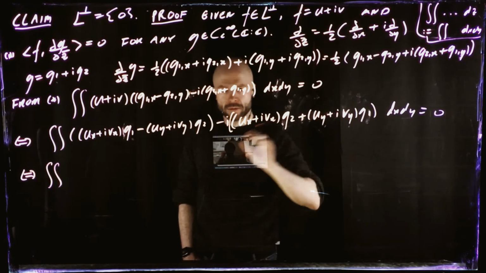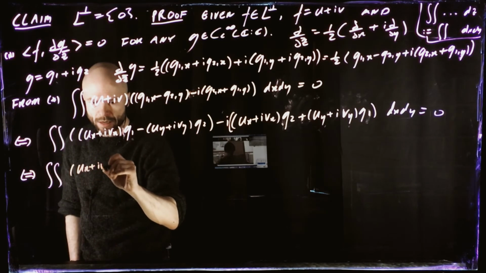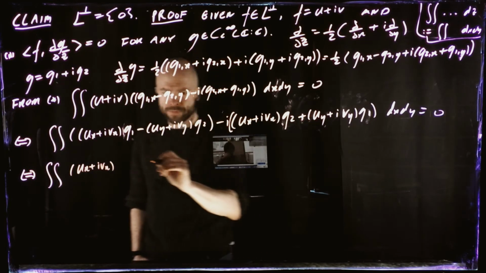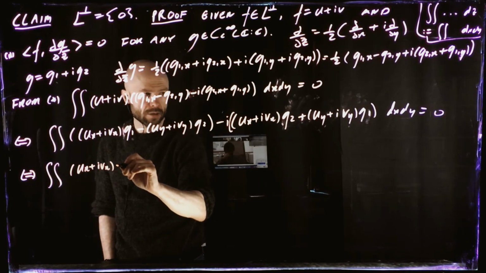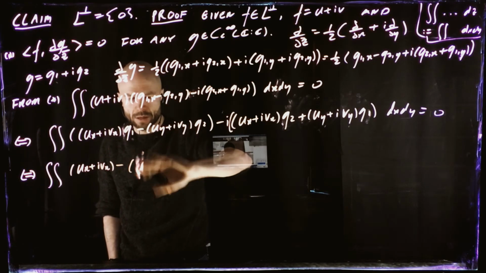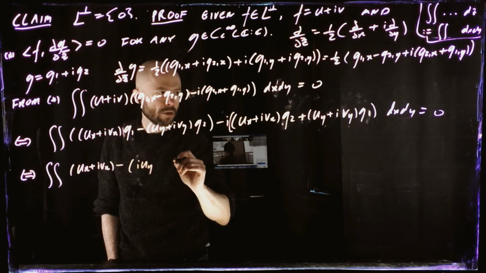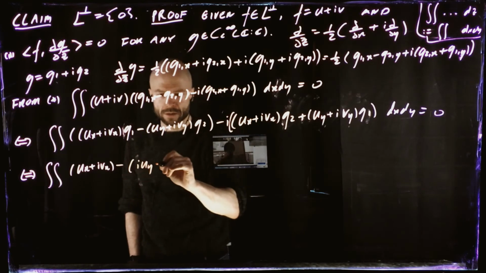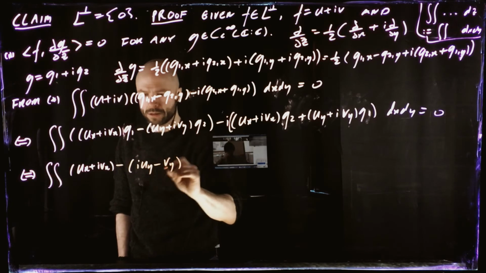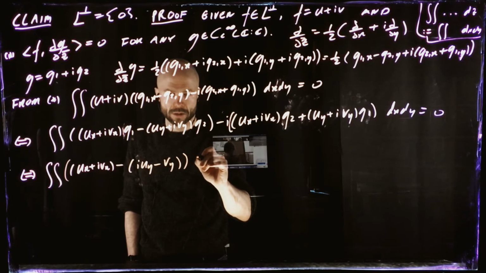So then we have u of x plus I v of x, and let's multiply this complex number through. Let's put the minus, and we'd have I u of y. And then multiplying complex numbers, we're going to have minus v of y. All of that stuff is tested with respect to g1.